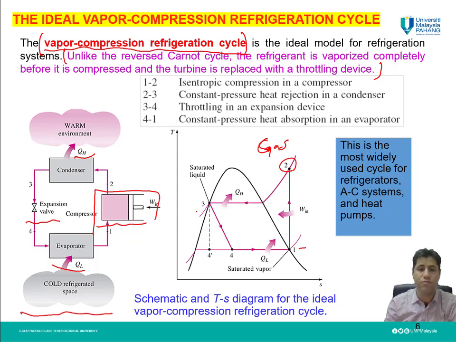Then from state 2 to state 3, we have another process, which is in the condenser. During this process, the pressure remains constant, as this line is a constant pressure line, but due to the heat release to the warm environment, the temperature will reduce.